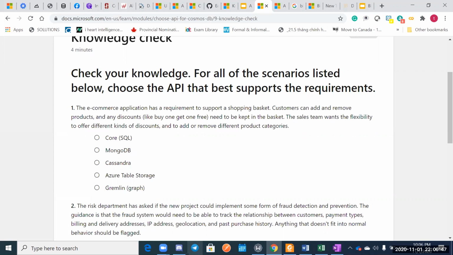If your data or application is semi-structured and can use SQL, then you use SQL. Or if you start a new application, then Core SQL will be the base. If you have graph data, then you use Gremlin.